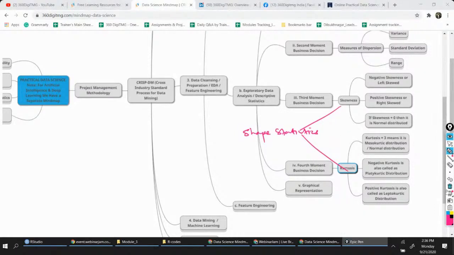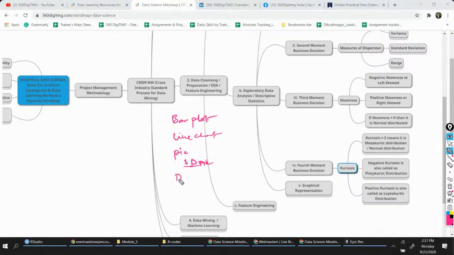So we've also done visualizations in R, and the visualizations that we did are bar plot, line chart, pie diagram. In fact, we also did 3D pie. Then we did dot chart. We did histogram. And for skewness and kurtosis, histograms are preferred.